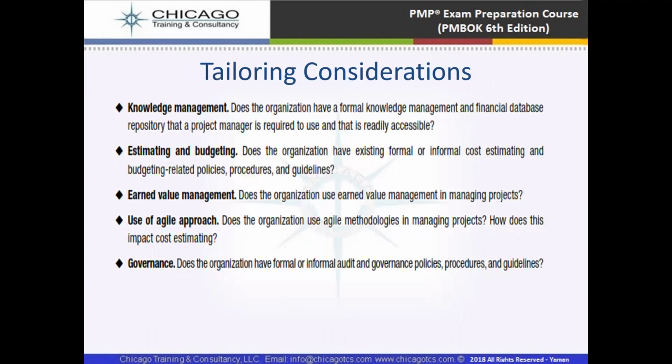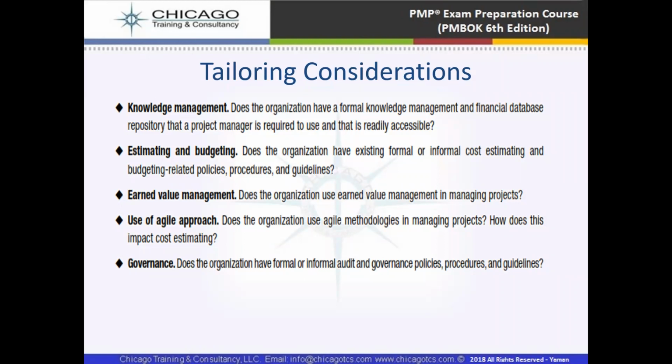What are the tailoring considerations? The tailoring considerations nowadays are knowledge management, estimation and budgeting, earned value, use of agile approach, and governance. So what is knowledge management? We want to see whether the organization has a formal knowledge management and financial database repository that a project manager is required to use and that is readily accessible.